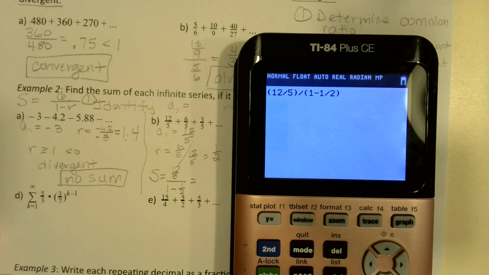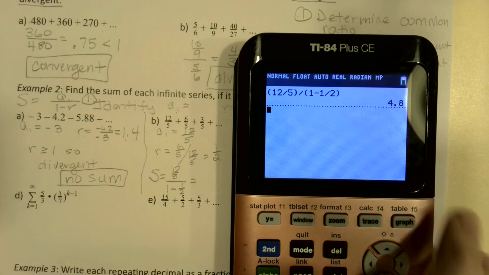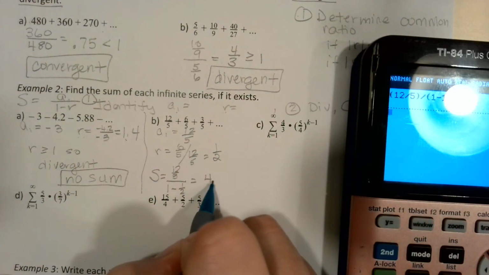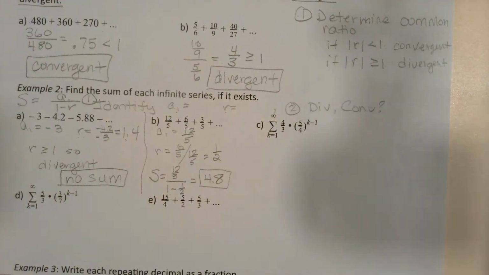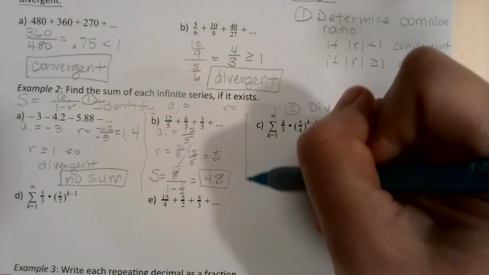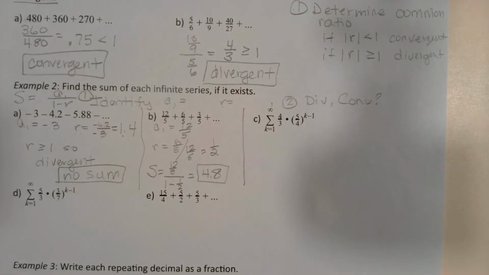Clearly, 1 minus 1/2 is 1/2, but just to practice knowing that they're going to be unusual fractions there, that's what we want. Okay, 4.8. You can find the fractional equivalent to that, or we can just use 4.8. Okay, so that is the sum, 4.8.